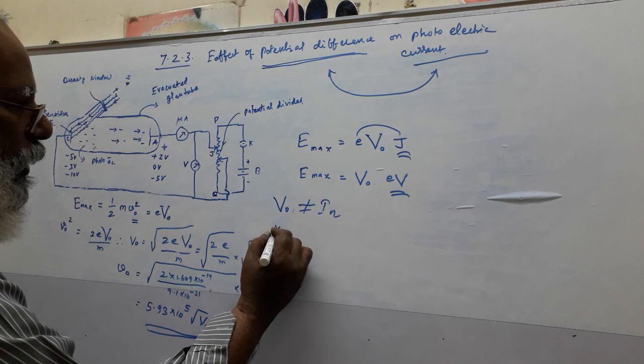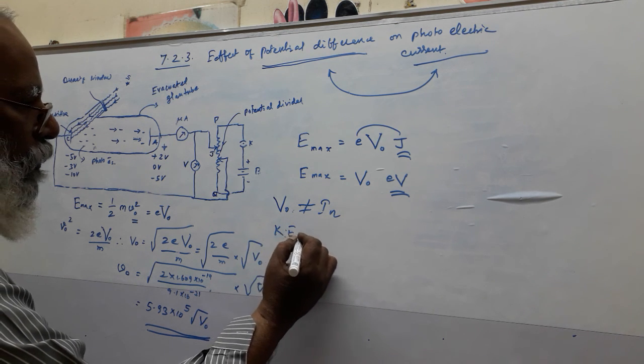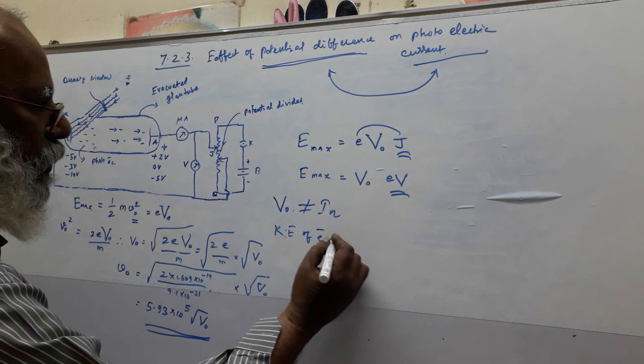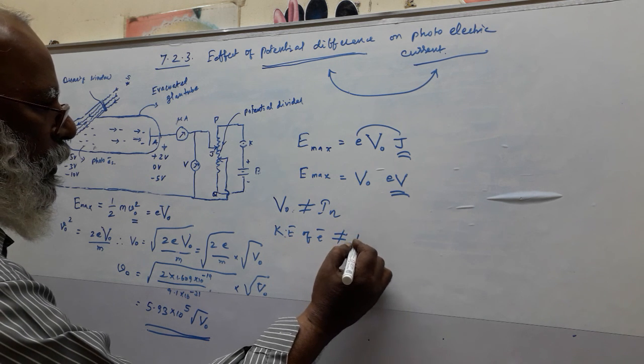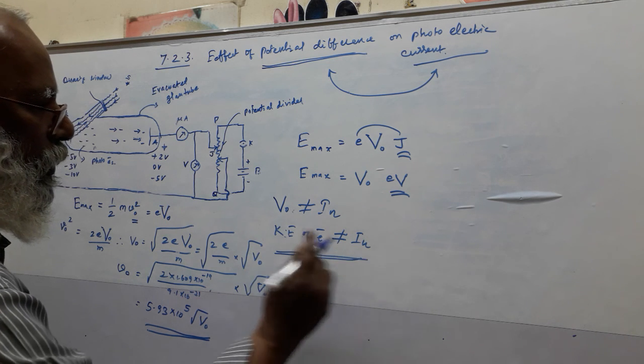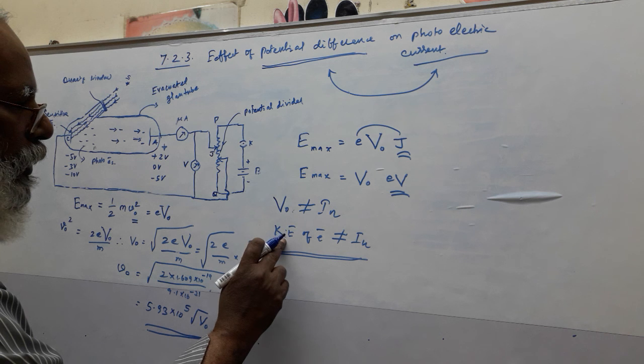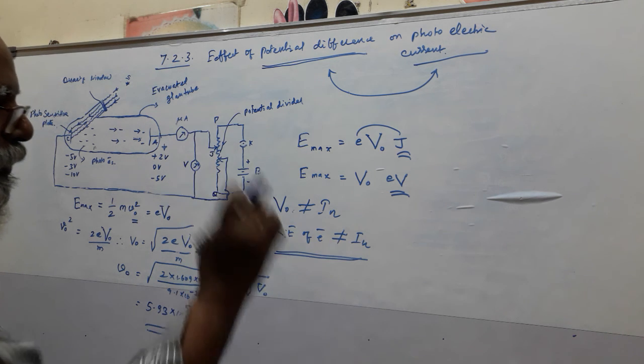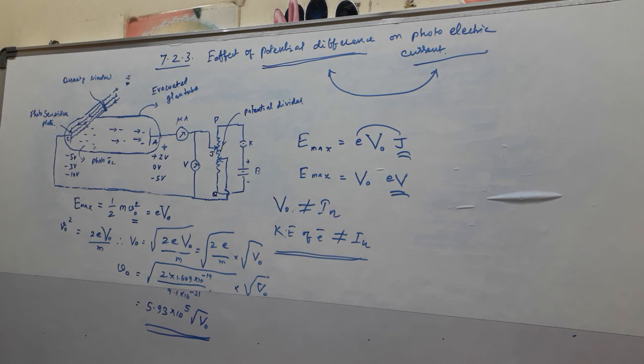Likewise, the kinetic energy of the electron will also not depend on intensity. The electron's energy is free from intensity. This is the final solution that we obtained from this experimental result.